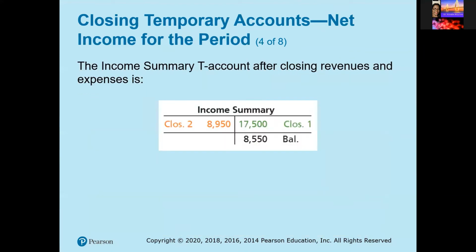The income summary T account, after closing revenues and expenses, has a credit balance of $8,550. You would arrive at this number by subtracting your debit from your credit, which will give you this balance in the income summary account.